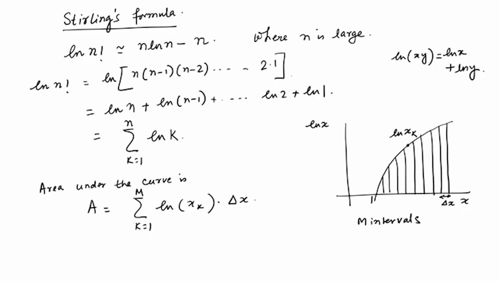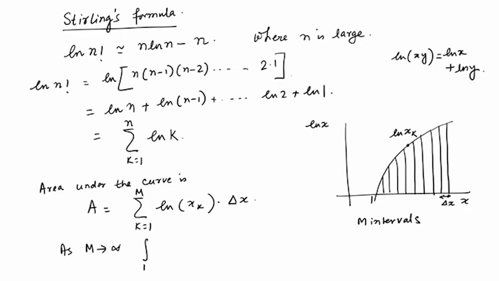Okay. So, as m tends to infinity, that is, the number of these divisions, these intervals, tend to be very large, you can actually convert this sum into an integral with reliability, which means it becomes a better and better approximation. All right.